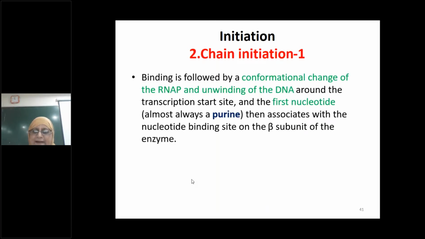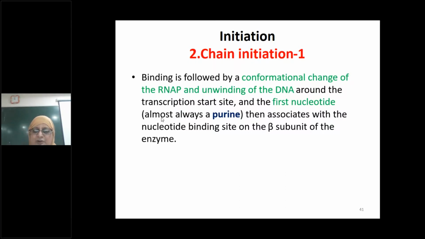So once the RNA polymerase binds, what will happen? It undergoes a conformational change, and unwinding of the DNA around the transcription site takes place.